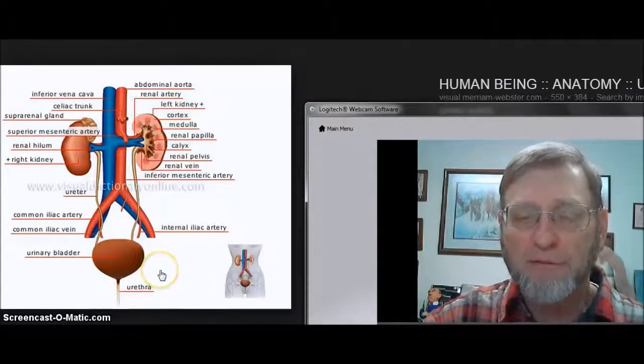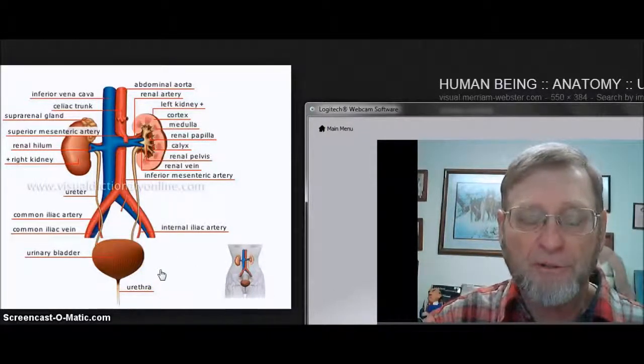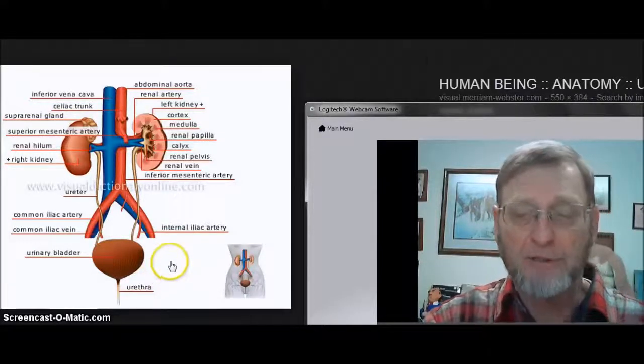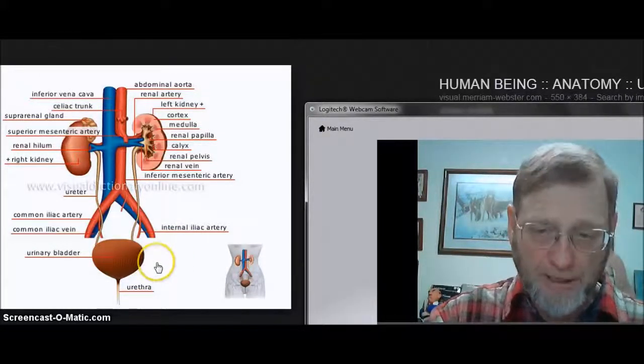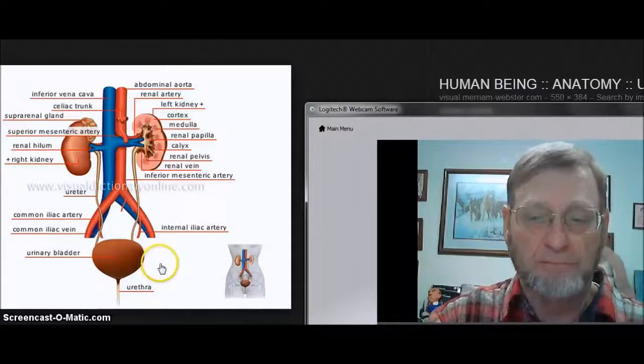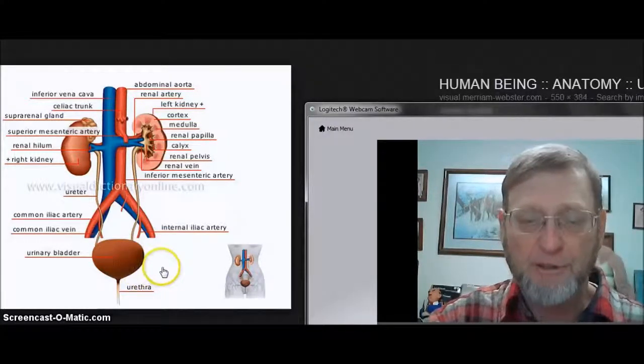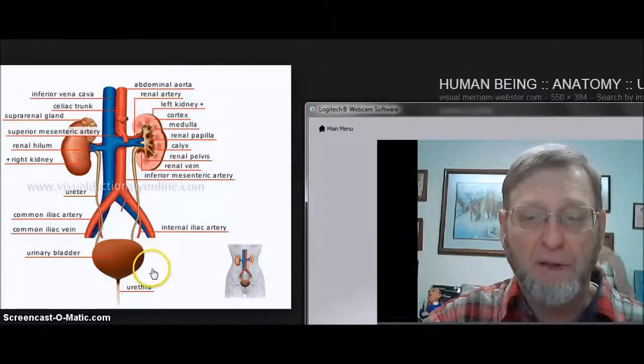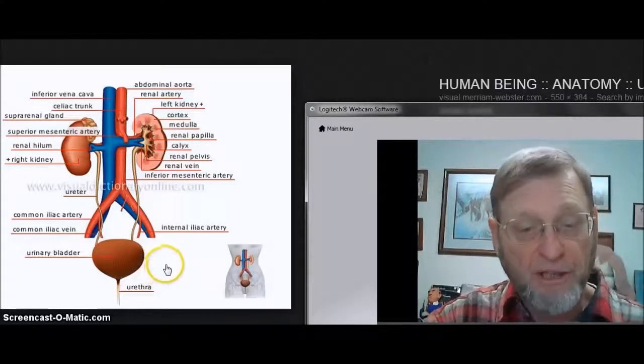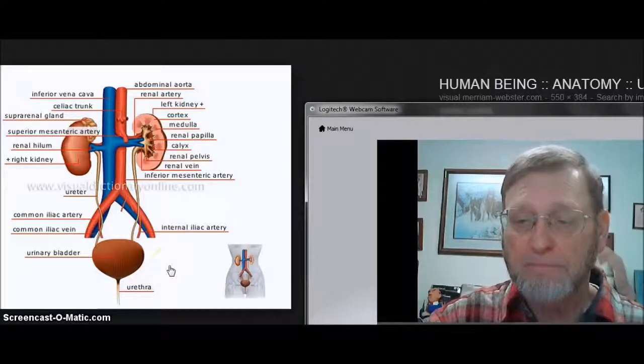Another infection that gets in the urethra is a yeast infection in women quite a bit. But men can get infections too, bacterial and yeast infections. Yeast is not a bacteria, it's a fungus. They are usually kept out by our first line of defense, and in this case, the first line of defense is urine, that is acid, that washes the invaders out that try to sneak in and come up through the urethra.